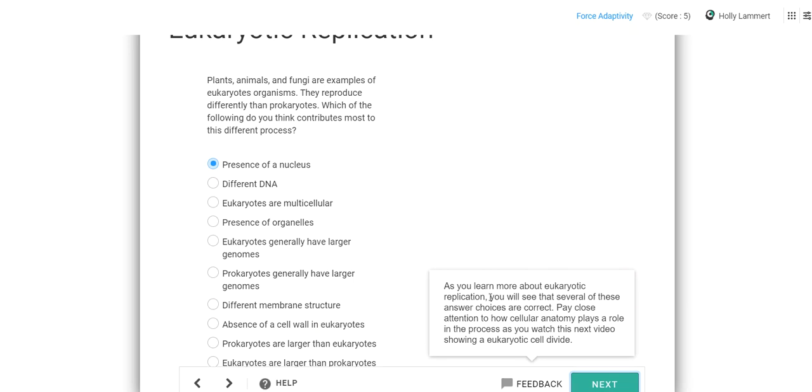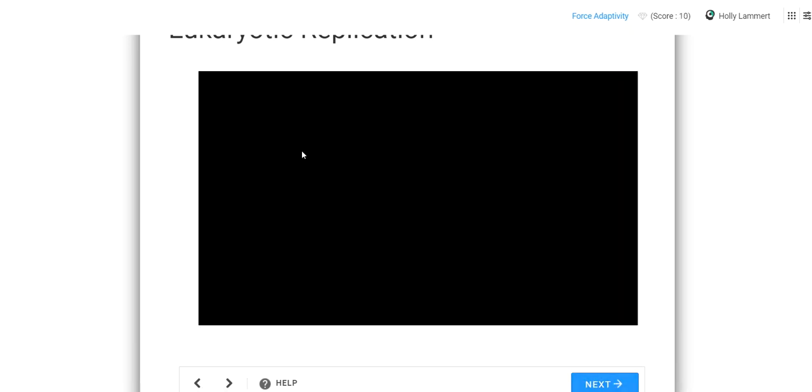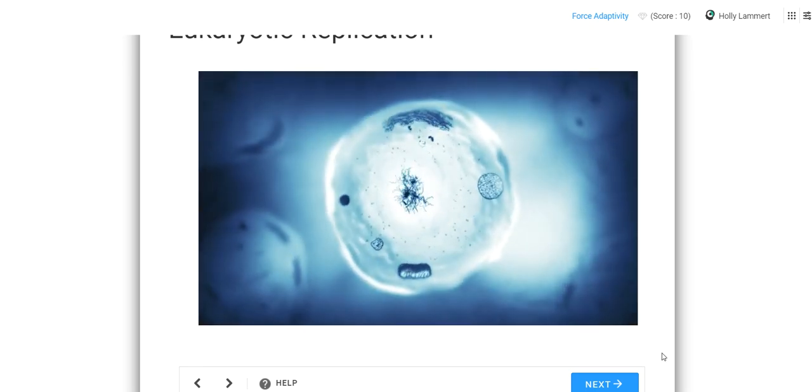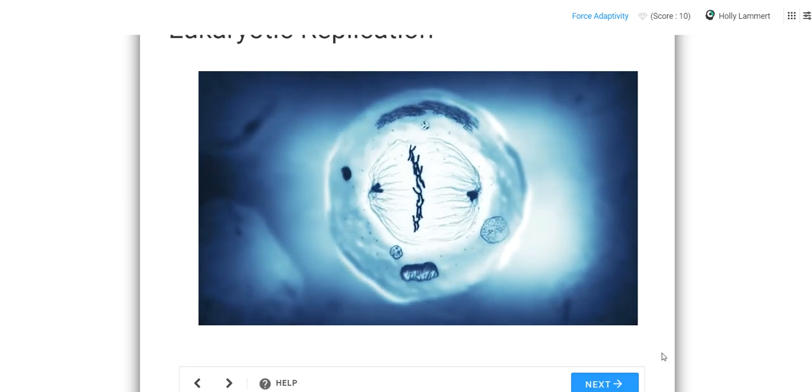And so yeah, as you will see, several of those answer choices are correct. Pay attention to how cellular anatomy plays a role in the process as you watch this next video showing a eukaryotic cell divide. All right, let's see it happen. Whoa, it looks super real, but I'm pretty sure that's a computer model.